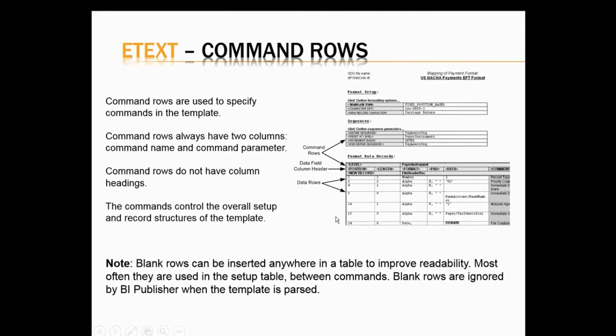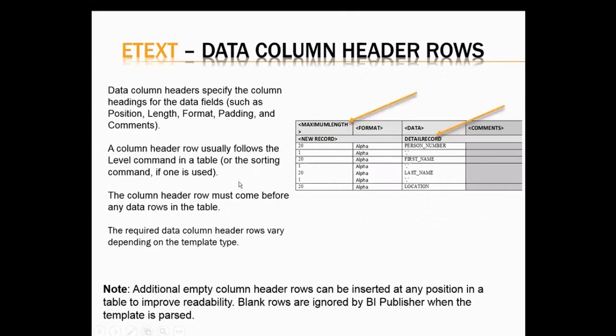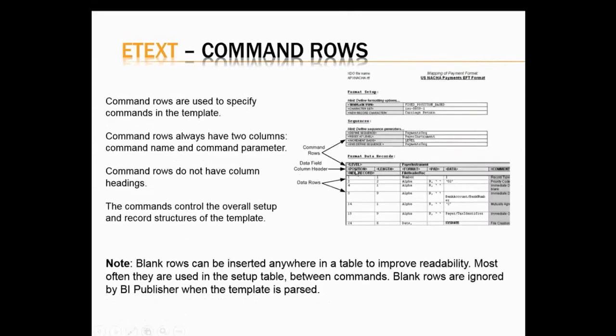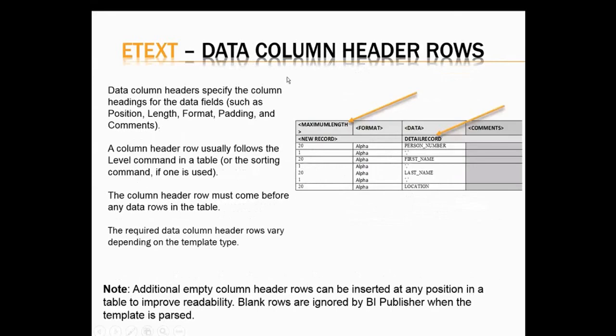Okay, right. Now we are talking about commands, and I'm also talking about position, length, format, data, some headings, right? They're actually data column header rows, and these data column header rows specify the column headings. As I said, if it is position based, then it's position, length, format, padding, and comments.